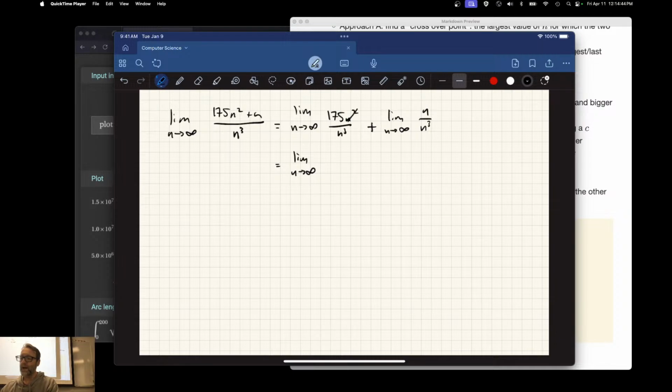Algebraically first, that cancels with that, and you're left with 175 over n. What happens to that? The top is not growing, the bottom is growing. So it converges to 0. And what happens here? That cancels with that, and we're left with the limit as n tends towards infinity of 1 over n squared.